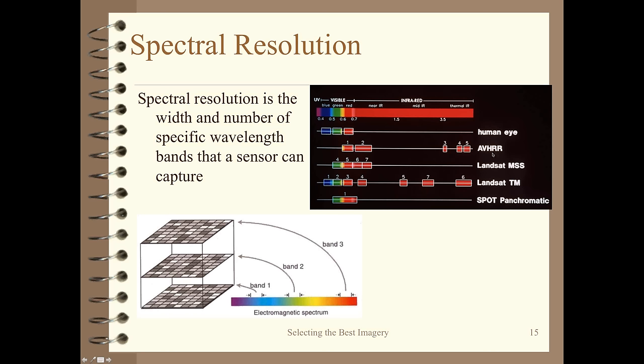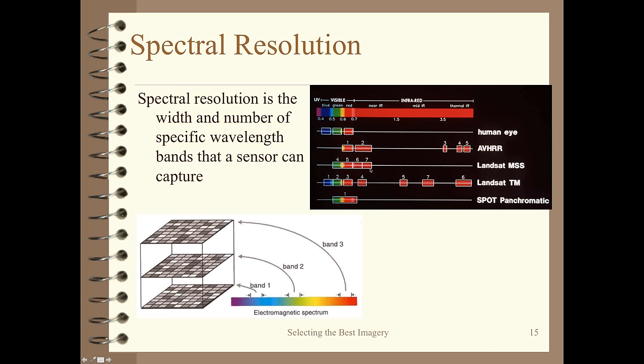AVHRR happens to be the weather satellites, so you can see that the weather satellites don't even see into the blue portions of the spectrum, but further out into what we call the near-infrared, and then up into the thermal or the heat portions of the electromagnetic spectrum.